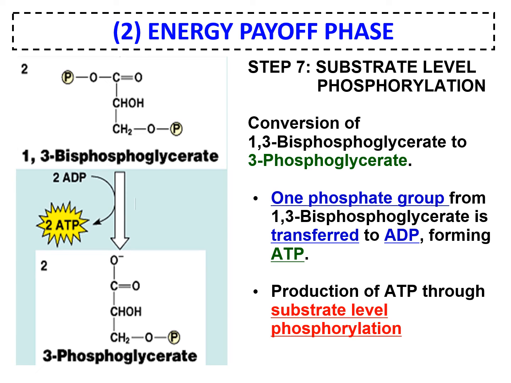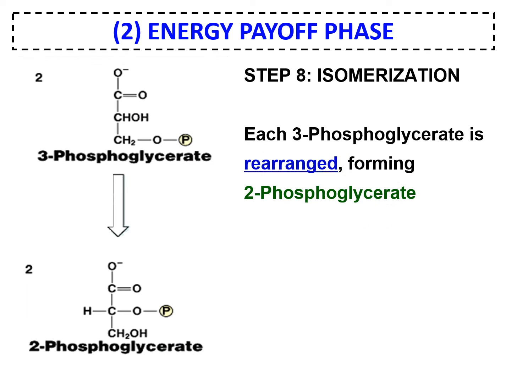Step 7 involves substrate level phosphorylation, which is 1,3-biphosphoglycerate converted to 3-phosphoglycerate by removing one phosphate group. So the phosphate group from the 1,3-bisphosphoglycerate is transferred to ADP, forming ATP. So this is the process of substrate level phosphorylation, which produces 2 ATP because it involves 2 glyceraldehyde 3-phosphate.